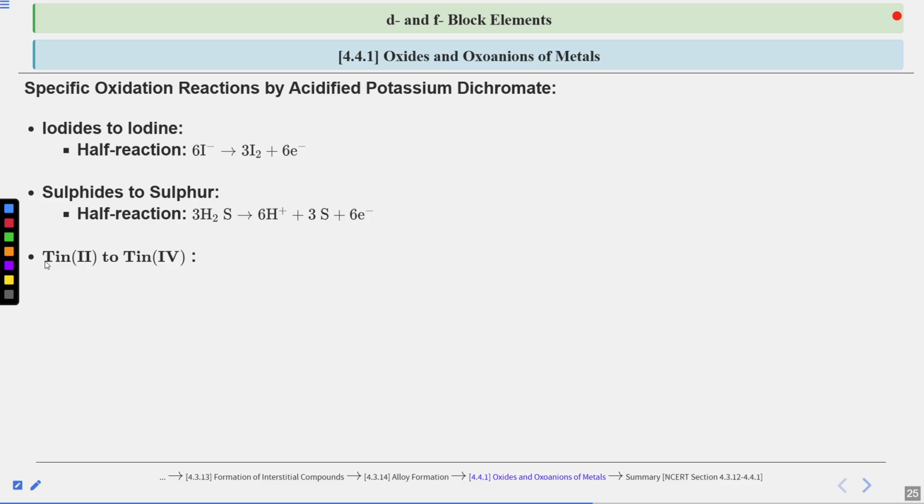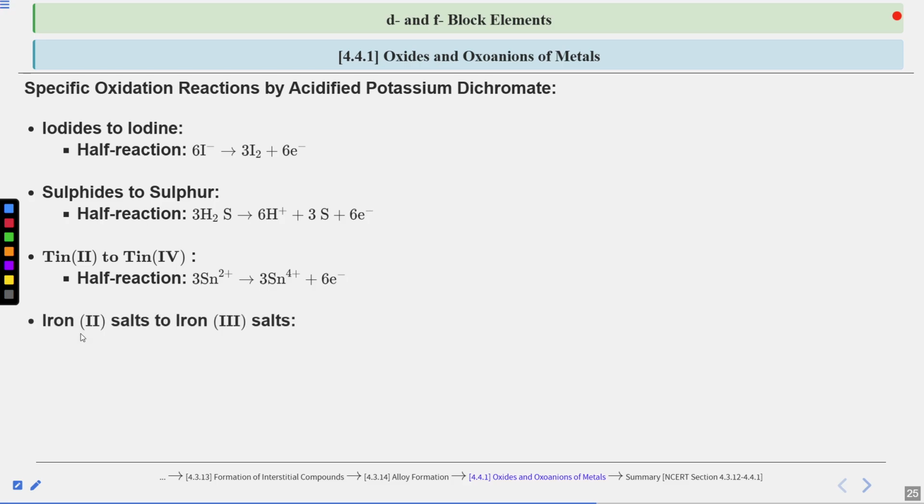The third specific oxidation reaction is tin from +2 to tin +4. The half reaction includes 3Sn2+ converting to 3Sn4+ plus 6 electrons.